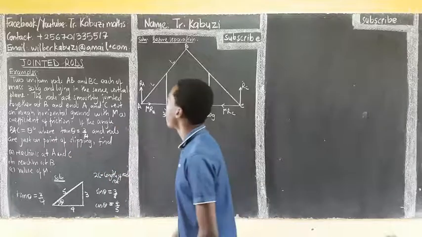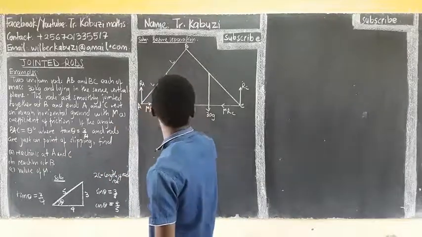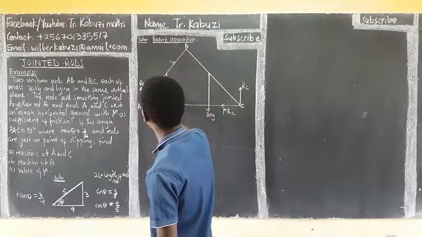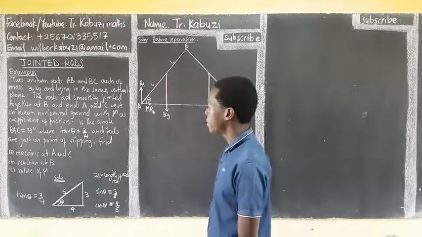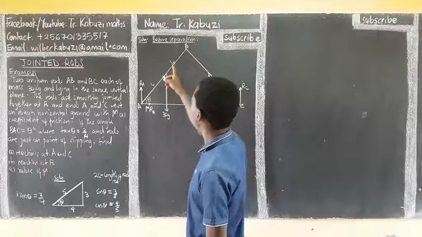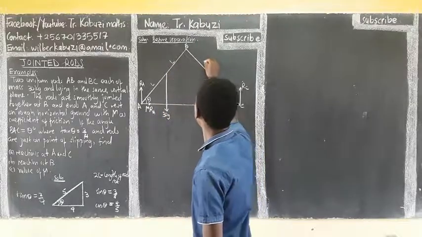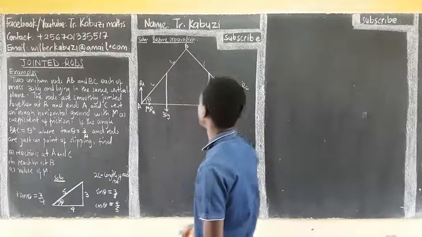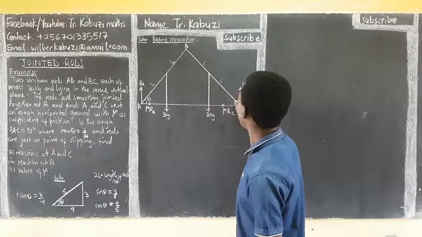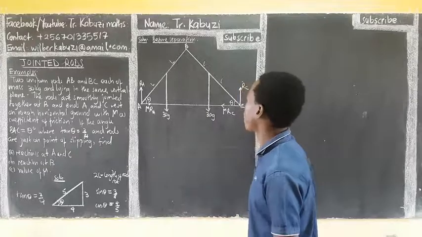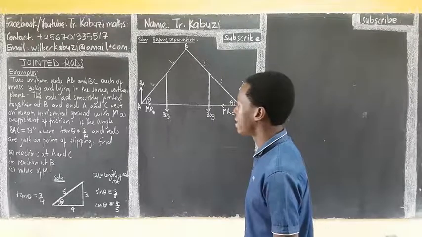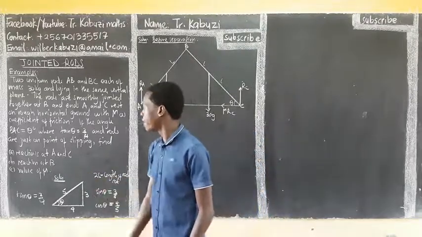If the angle BAC is theta, and if this is L and this is L, it means this is going to form an isosceles triangle, so this angle is also theta.